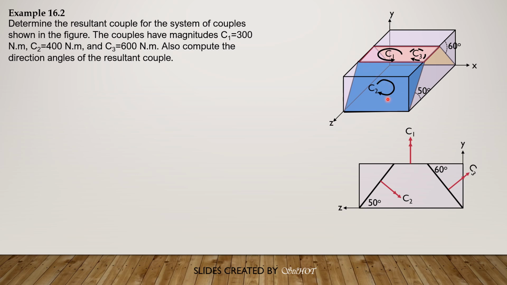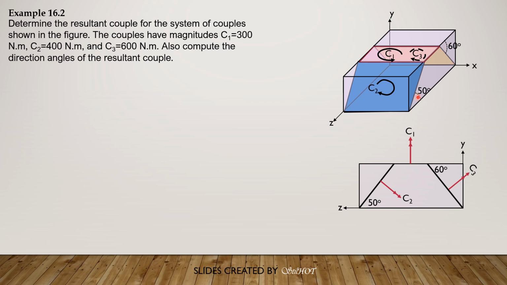Try to curl your four fingers and it will be in this opposite direction. So it's clear in this figure here, this is the blue plane. Then for the third couple, it is now clear that we curl our four fingers in this manner, so our right thumb will be pointing perpendicular to this plane and in that direction.